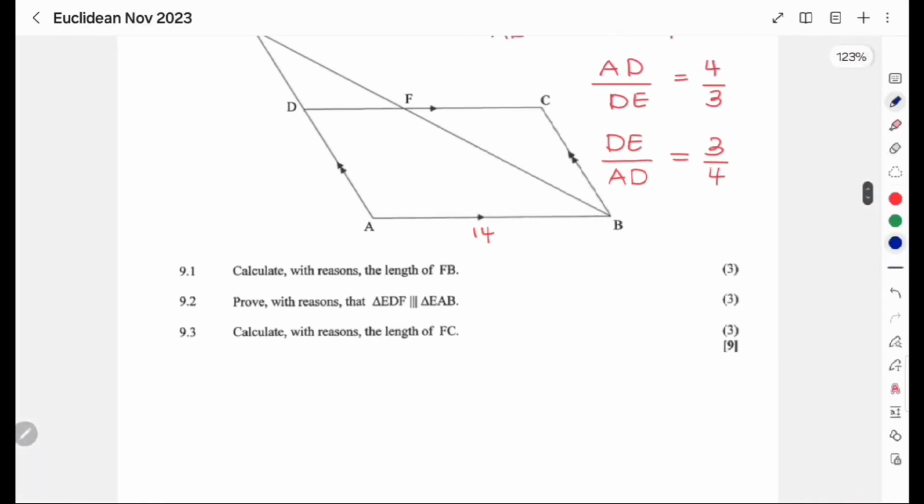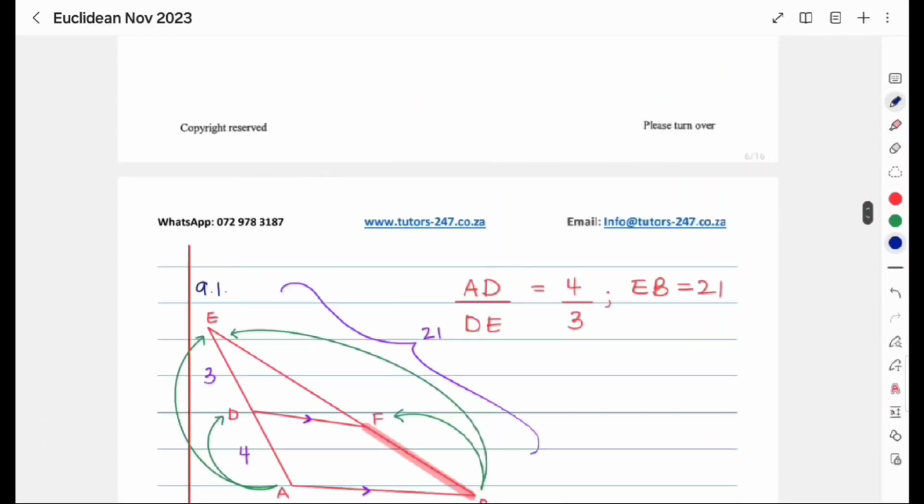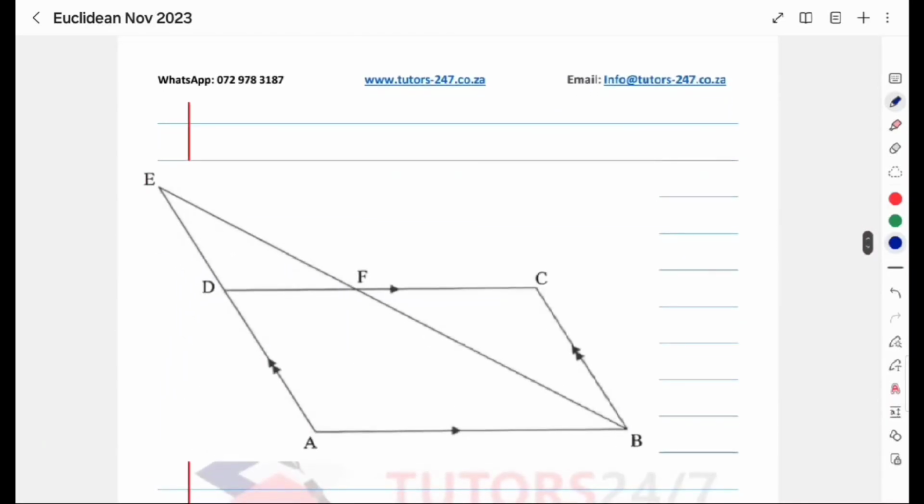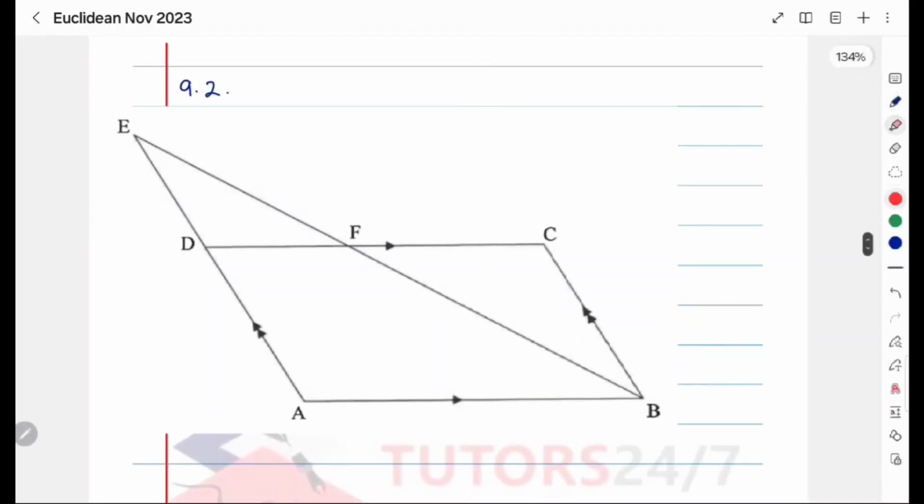So let us quickly highlight the triangles we are working with. The first one is EDF. So triangle EDF is this one on top.